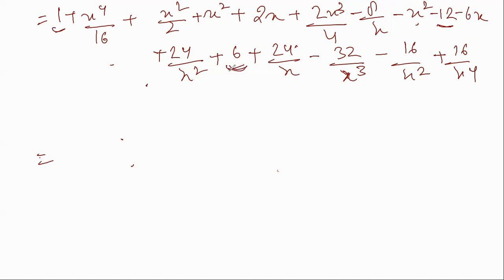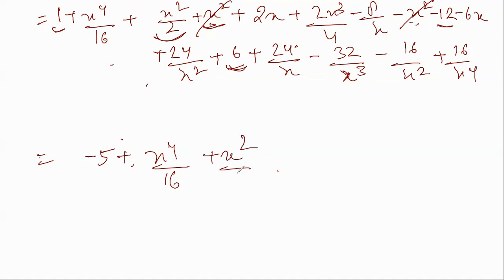That is minus 5. This one. Okay. Let's solve it further. Then there is nothing. There is no power like x raised to the power 4. Then x raised to the power 2. This is also x raised to the power 2. This is just cancel out with this because same term with negative sign and nothing is left.